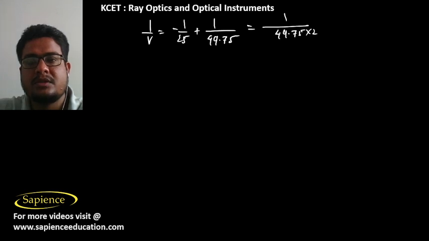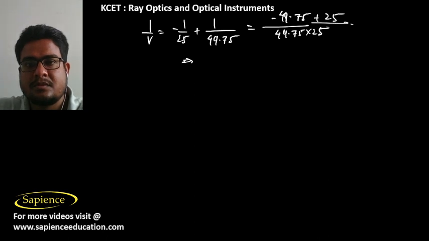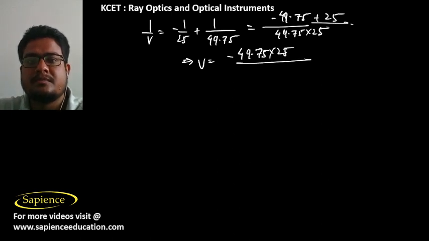Therefore, v will be equal to minus of 49.75 into 25 divided by 24.75.